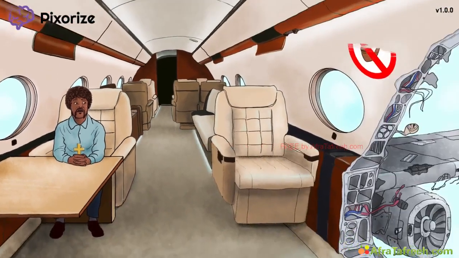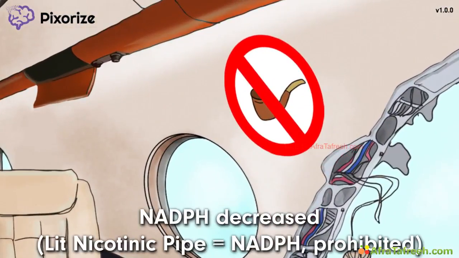So what happens as a result of G6PD deficiency? Well, look no further than that lit nicotinic pipe on the wall. Yep, this is one of those no smoking in planes signs. Since this G6 plane serves a special clientele, they're more worried about pipe smoking than plain old cigarettes. But wait, isn't a nicotinic pipe our recurring symbol for NADP, with the nicotine representing nicotinamide in NAD and pipe representing the P?